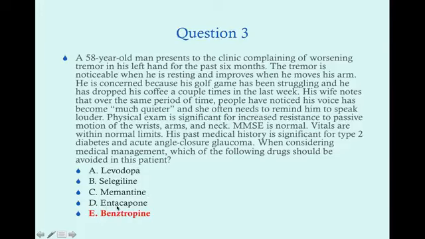And then entacapone. Entacapone is a catechol O-methyltransferase inhibitor, a COMT inhibitor, and this is good for late therapy in patients with Parkinson's, usually after you've been treating them with levodopa carbidopa for some time and you've tried other medications. This is something that you add on towards the end.